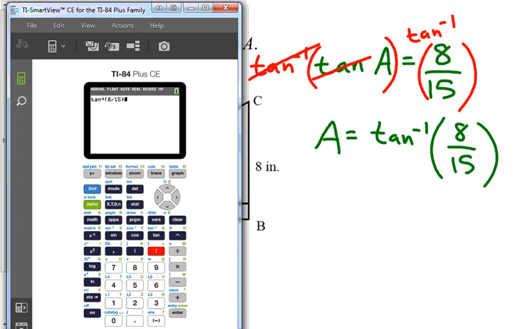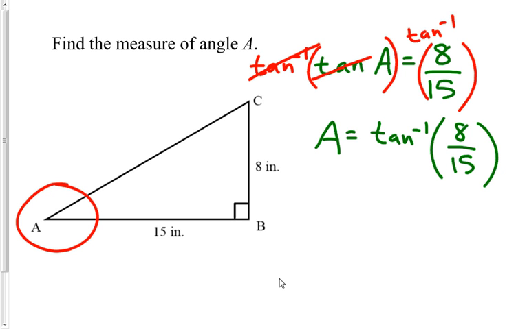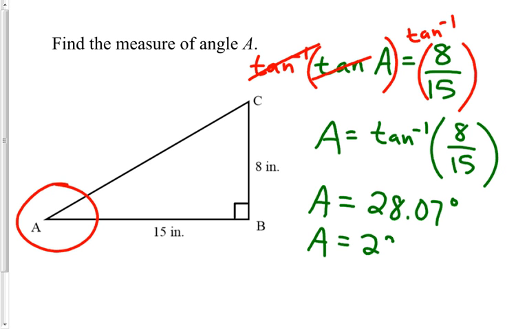Remember, make sure your calculator is in degree mode. Hit enter. 28.07. So this means that angle A equals 28.07 degrees. It's pretty common for the directions to ask you to just round to the nearest whole degree when you're finding the angles. So in this case, we'll say A equals 28 degrees.